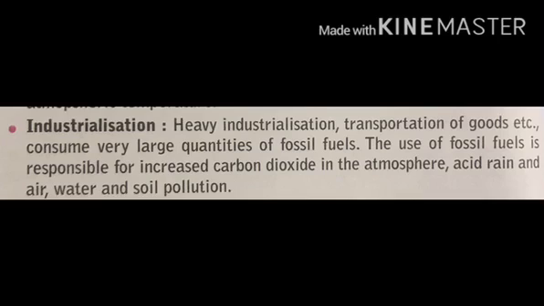Heavy industrialization, transportation of goods, etc., consume very large quantities of fossil fuel. The use of fossil fuel is responsible for increasing carbon dioxide in the atmosphere. Acid rain and air, water, and soil pollution are also caused by industrialization.